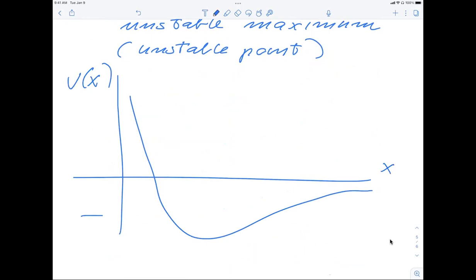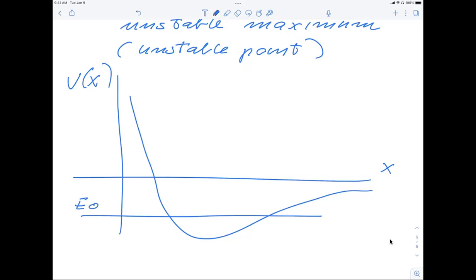If I now give you an energy, given by this E0 here, this is the energy you're given. And this energy will oscillate between kinetic and potential energy. So what is your feeling about this system? Will you be able to escape this potential well?